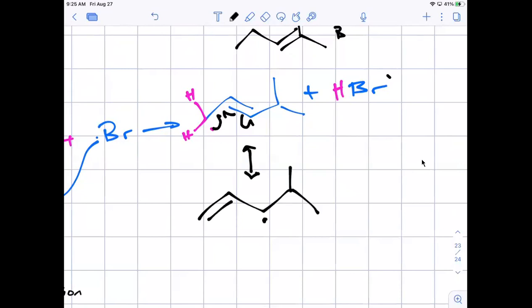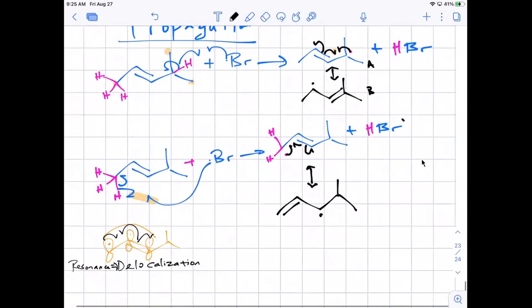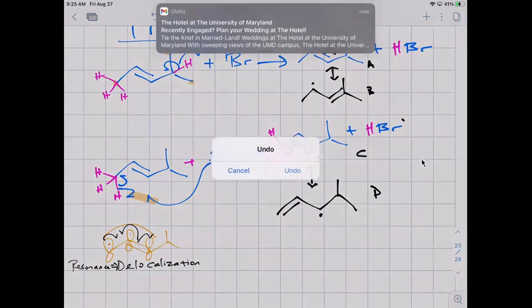Everything else stays the same. So we're going to label these C and D. All right, questions about that? Any questions?